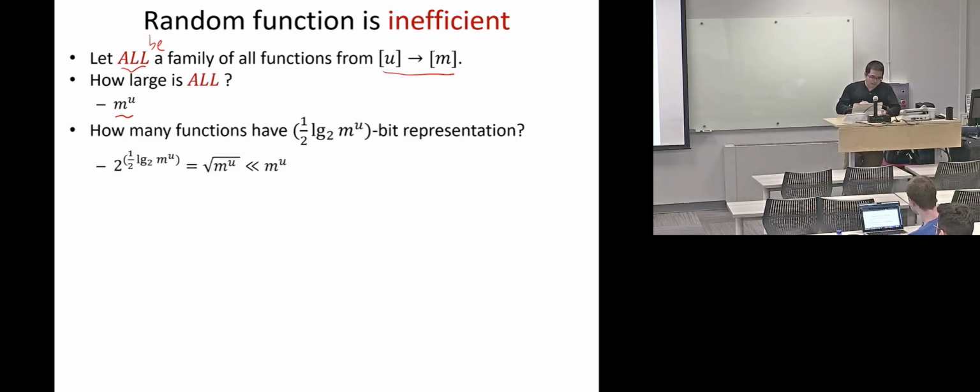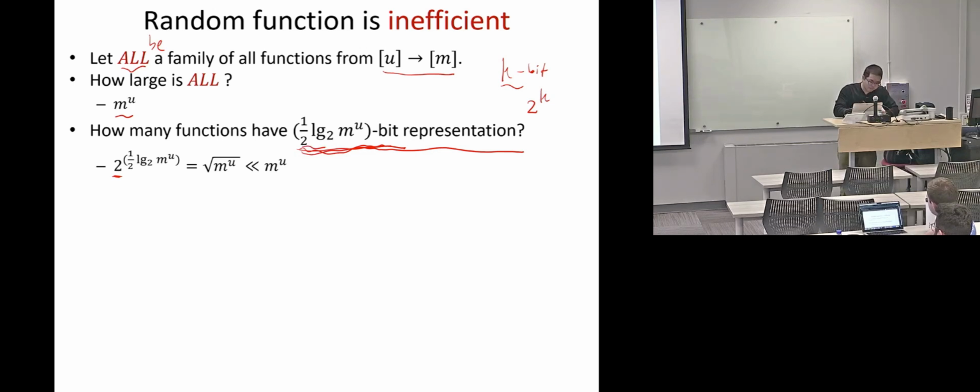Among these, how many functions have this size of bit representation? If you have k bits, then k bits can represent only 2 to the k many things.